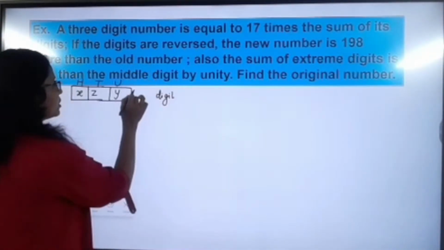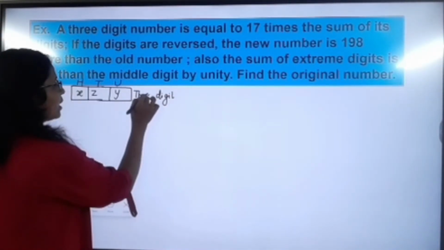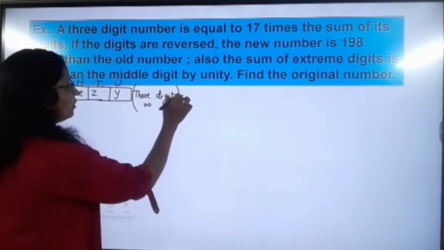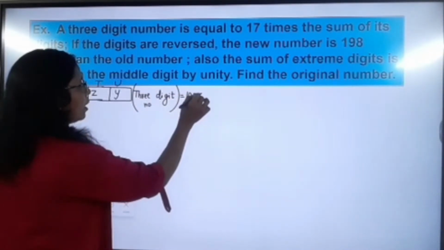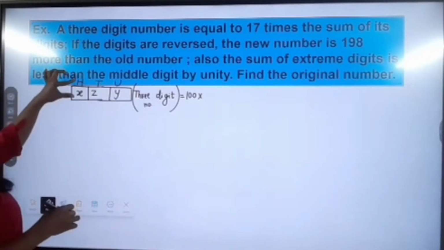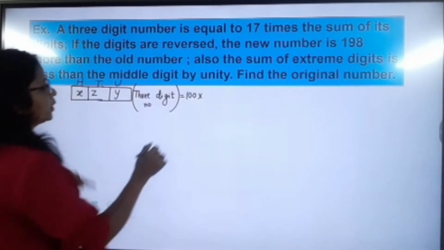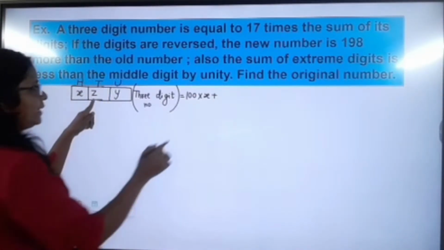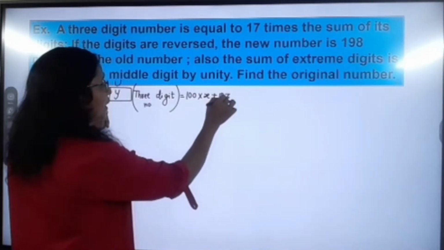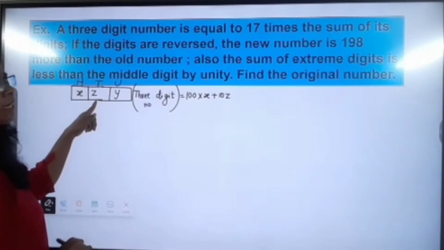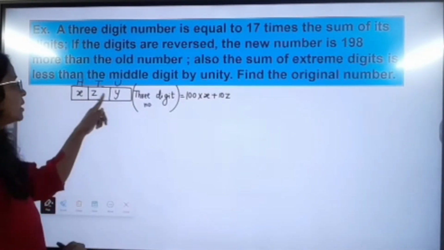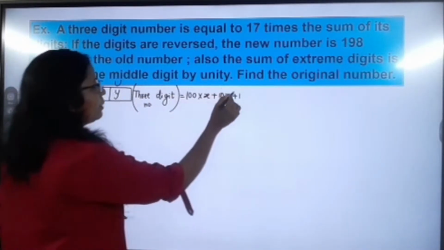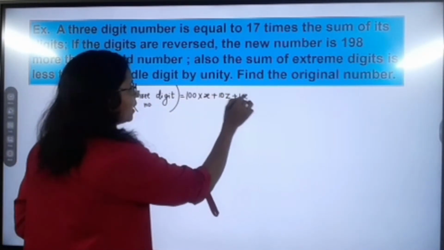Sorry, the 3-digit number is equal to 100 multiplied by the variable of the 100 place, that will be x, plus 10 multiplied by the variable in the tens place, plus 1 multiplied by the variable of the unit place.